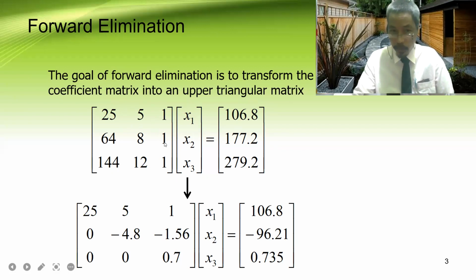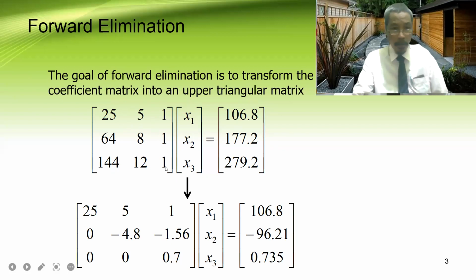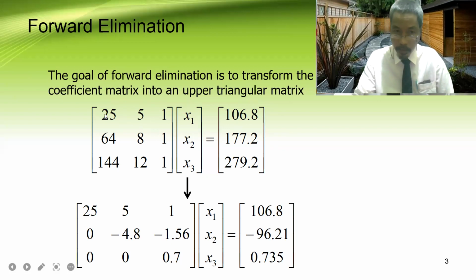And these are the coefficients. The first equation is 25x1 + 5x2 + 1x3 = 106.8. And the third equation, as a review, is 144x1 + 12x2 + 1x3 = 279.2.